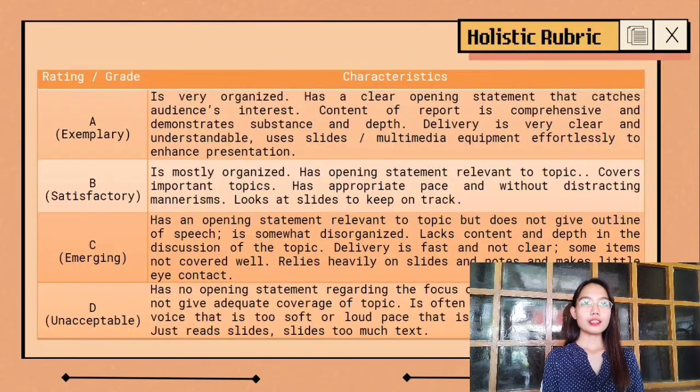Here is an example of a holistic rubric, wherein we can observe that the description of the characteristics is generally defined. It only assesses if the student's work or performance is well organized, or the statement is relevant to the topic, or if the work is focusing on the presentation of the topic.